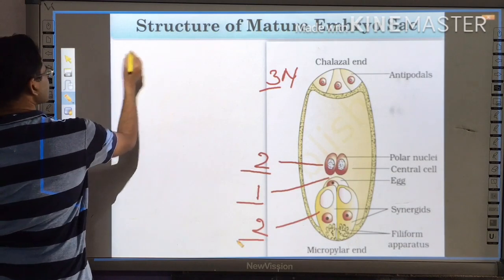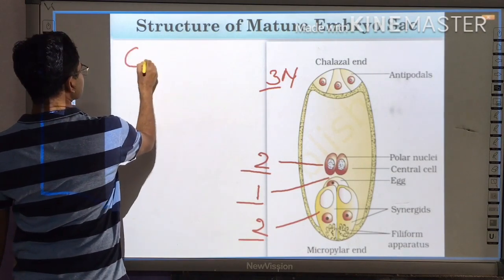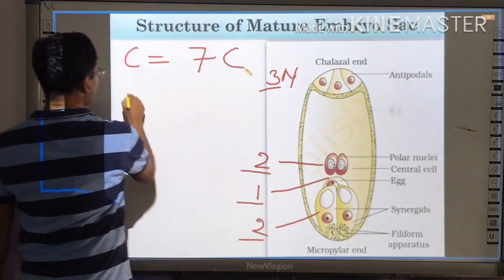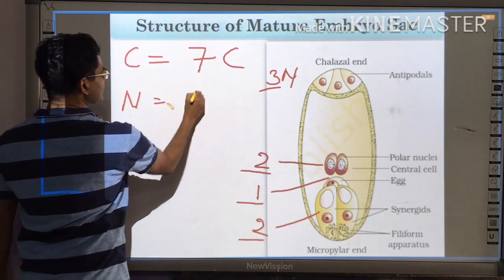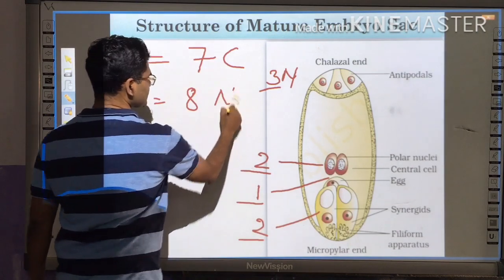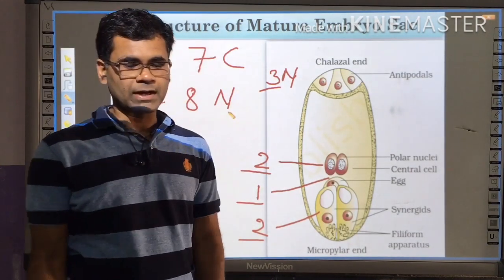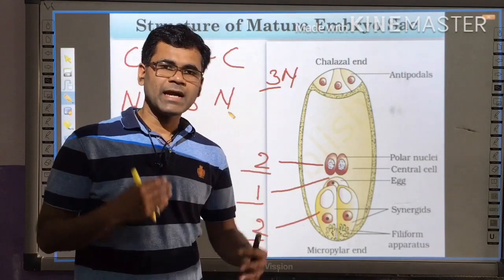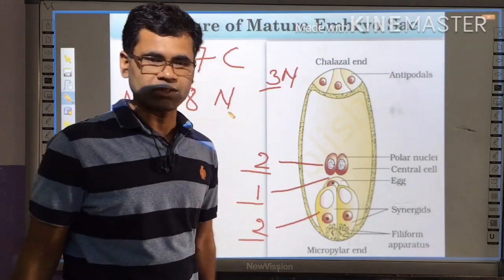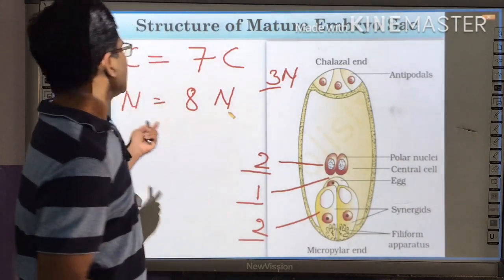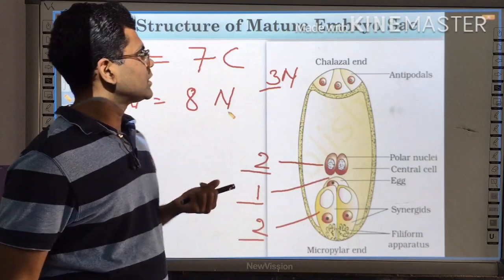So we have seen 7 cells, and if you talk about nuclei, it is 8 nuclei. So a typical angiospermic embryo sac is a 7-cell and 8-nucleate structure. Okay, so that is all about the structure of the megagametophyte.